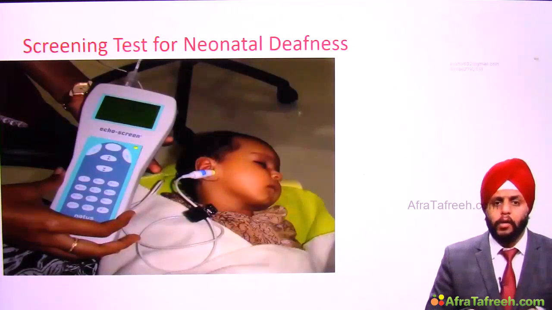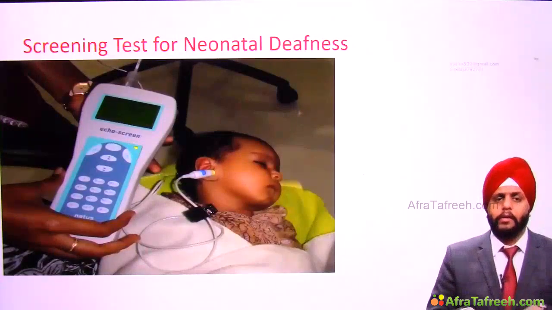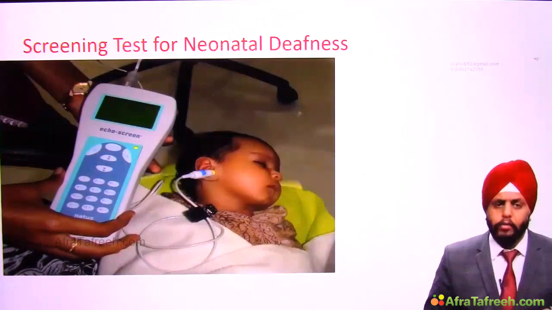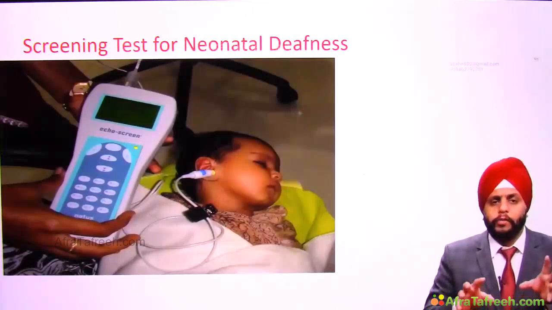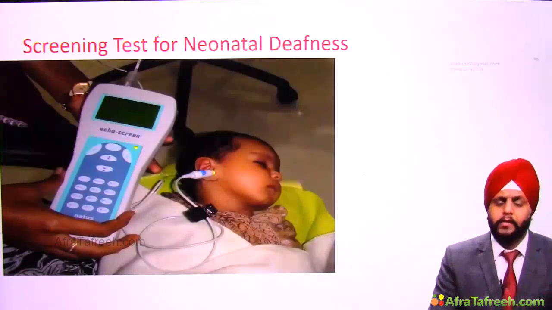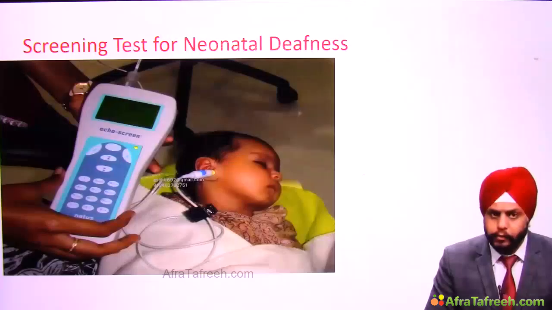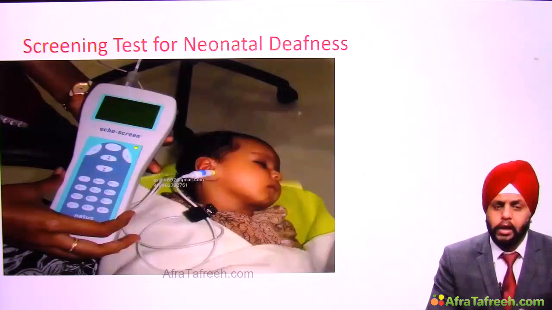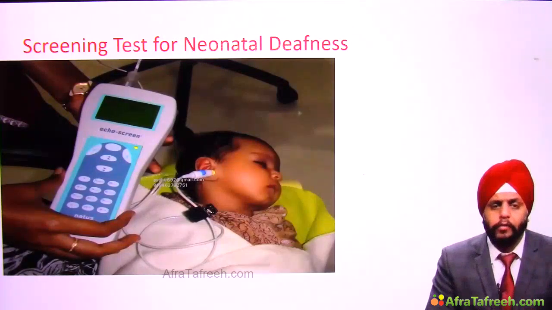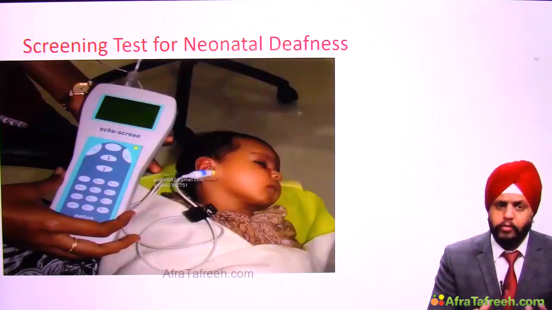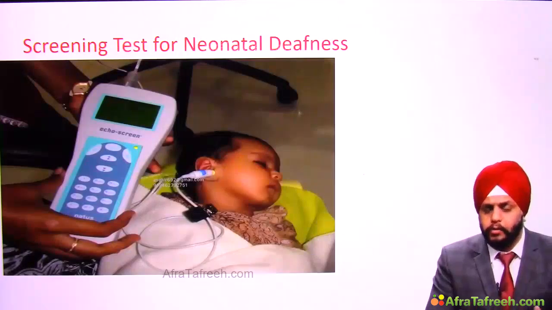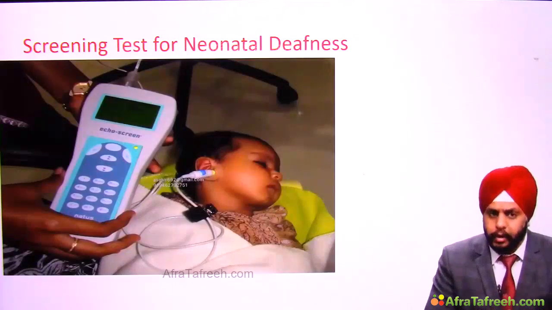This is in the UPPCD, the Universal Program for Prevention and Control of Deafness, the Indian National Program for Control of Deafness, and in that every newborn has to be screened within 72 hours with OAE for any hearing loss. And which type of OAE will we use? The more sensitive one, that is the TEOAE.